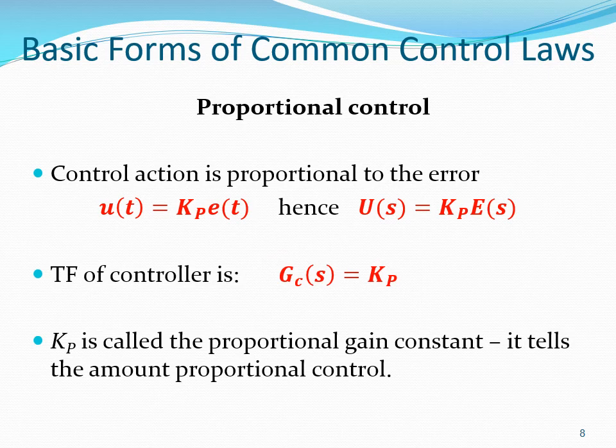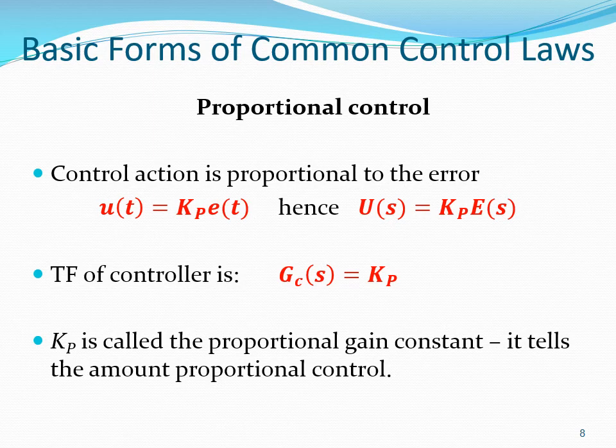Let's now discuss the basic forms of common control laws. We shall begin with proportional control. In proportional control, the control action is proportional to the error. Mathematically, u(t) equals Kp times e(t).